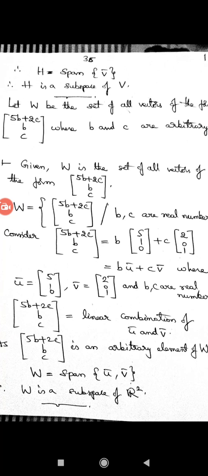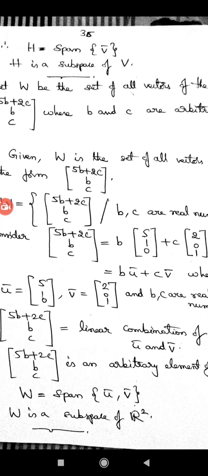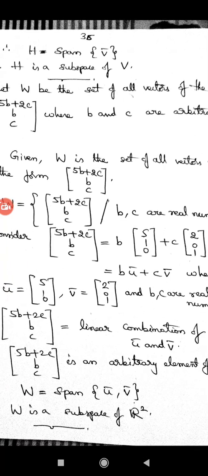So (5b plus 2c, b, c) is equal to b u bar plus c v bar, which means every such vector is nothing but a linear combination of u bar and v bar.